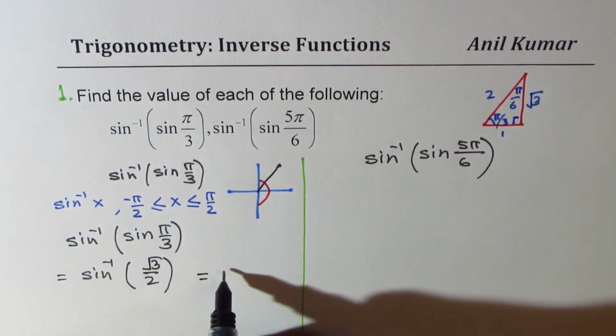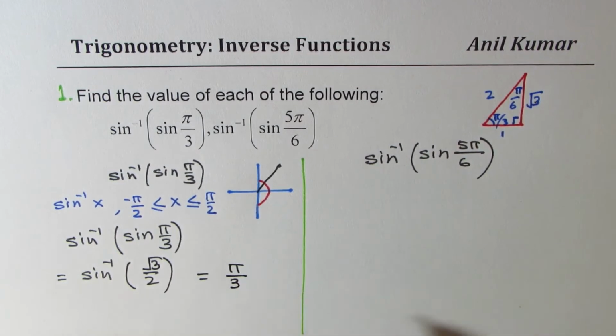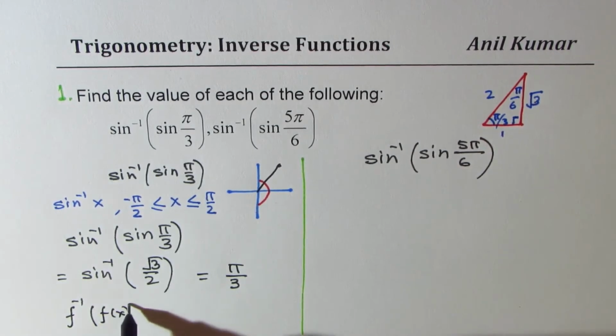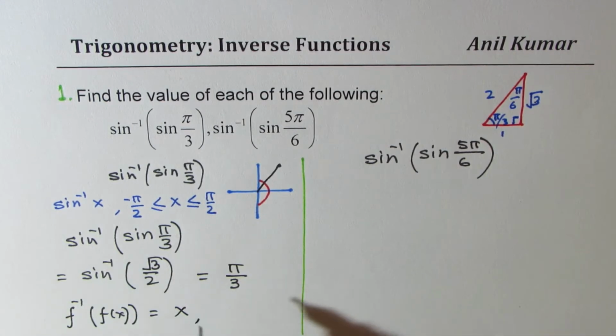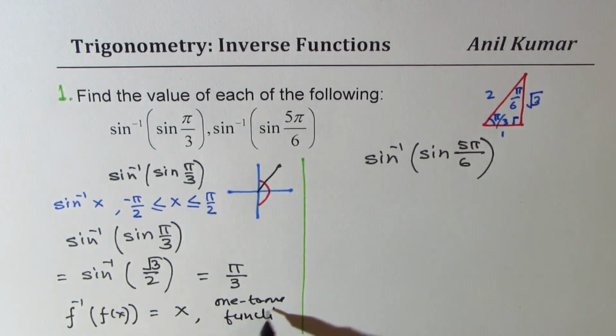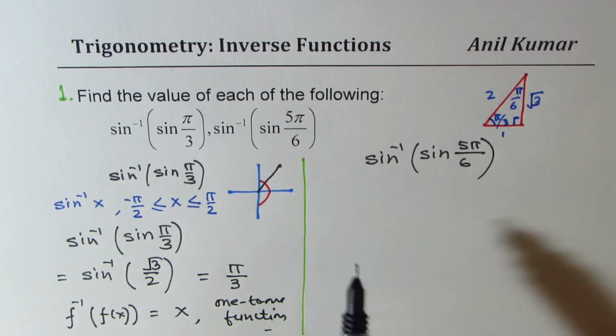So we do get the answer pi by 3, correct? Here we have clearly seen that f inverse of f of x is equal to x, reason being that we are within the one-to-one function. Only then is that possible. This example illustrates that.